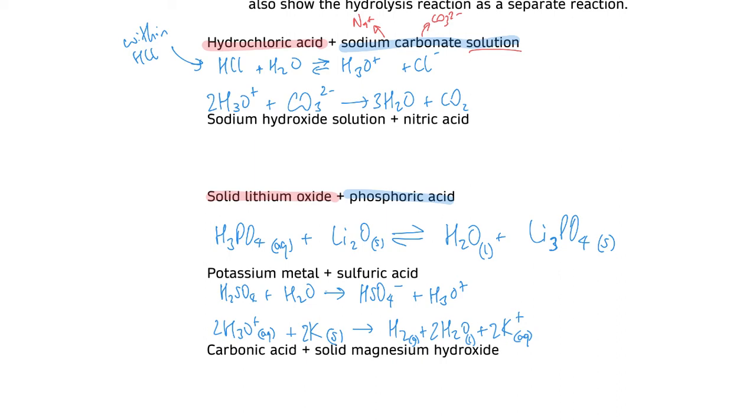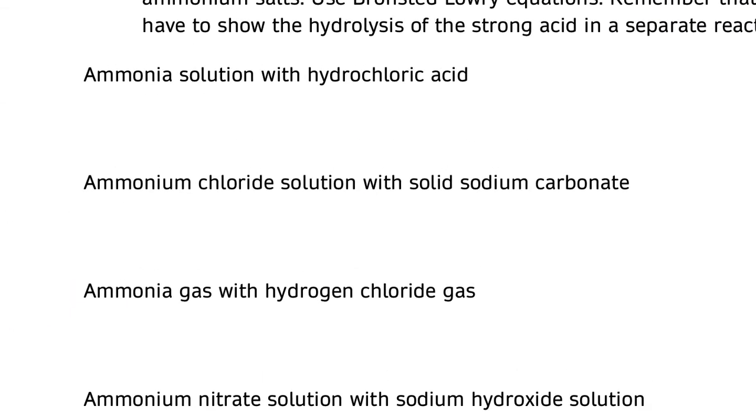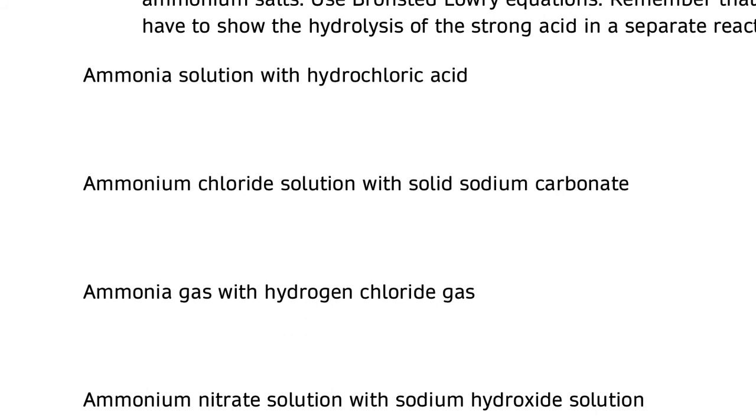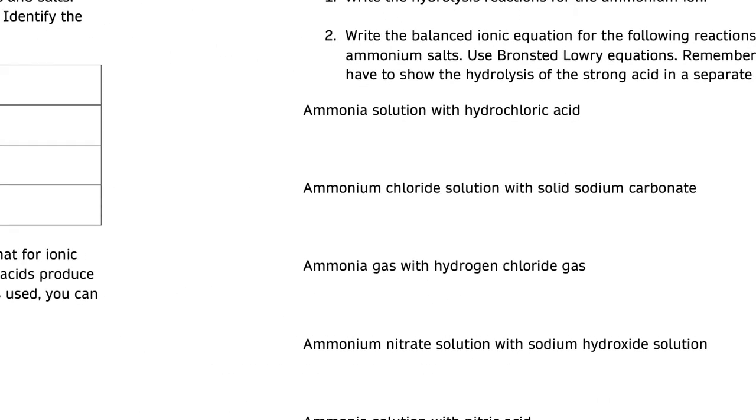Now, we have to take those rules again to when we do ammonia and ammonium. However, you've got to recognize that ammonium chloride solution is simultaneously an ionic substance as well as an acid.